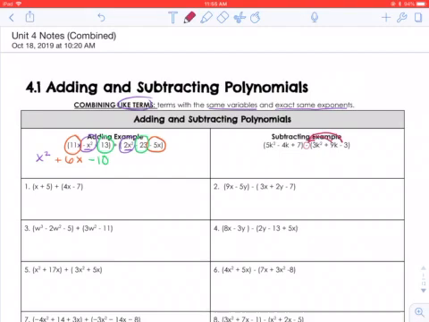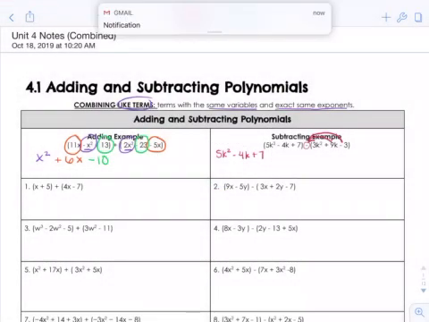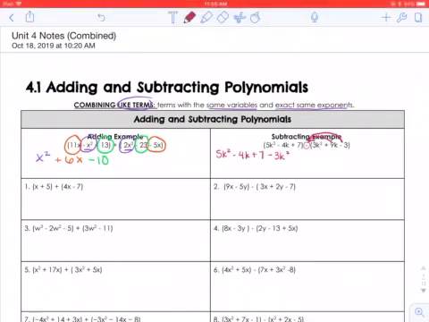So I would rewrite this. I would say 5k squared minus 4k plus 7. And then I'm going to distribute that negative. So I'm going to subtract negative 3k squared. And I'm going to have a negative 9k now. And a negative times a negative is a positive, so I'm going to have a positive 3.